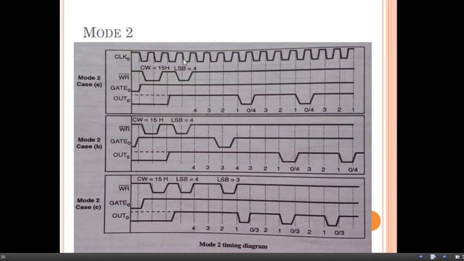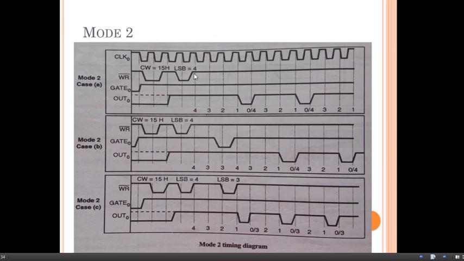As usual, two write operations are required, one for initialization of the counter and another for the loading operation. Here the gate is considered active high all the time, and our output is initially low, but once the counter is initialized our output becomes high.